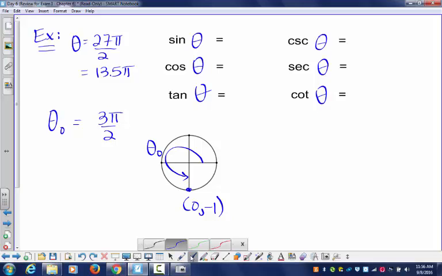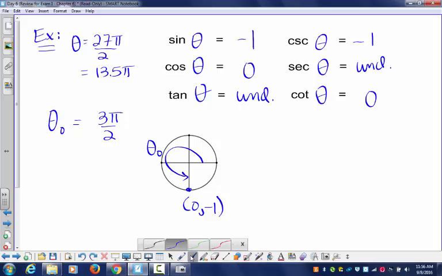The coterminal angle to theta. So what is sine in this case? Negative 1. Cosine is 0, and how about tangent? Undefined. And then the reciprocals. How about cotangent? 0. So that one you've got to be a little careful of. You might say, oh, undefined divided by undefined, or if you take the reciprocal of undefined, it should be undefined.